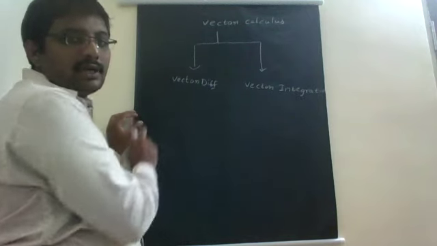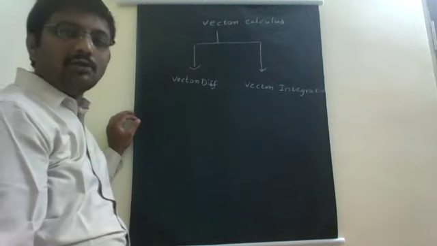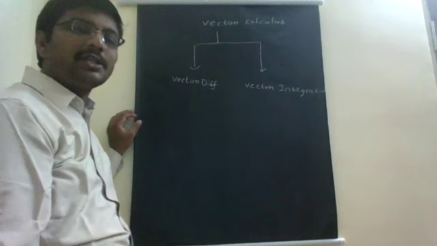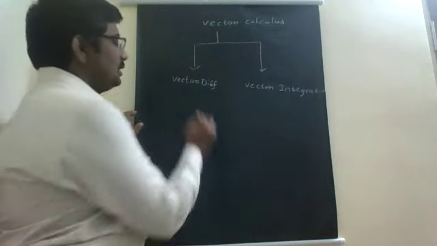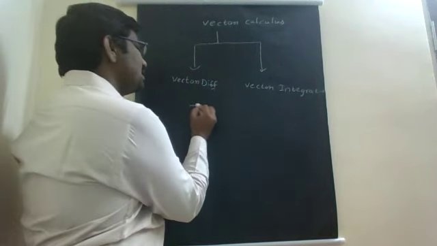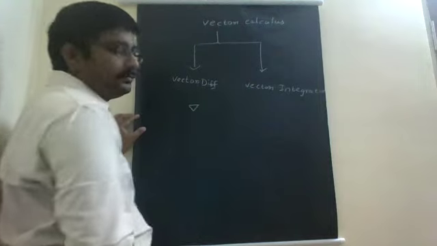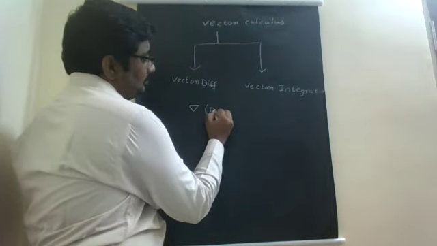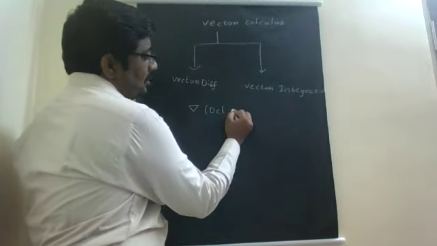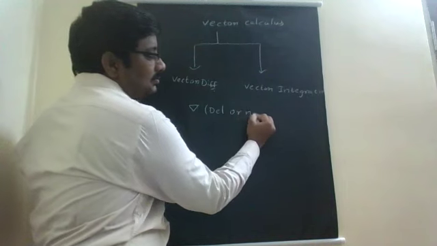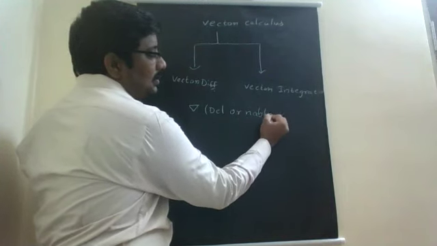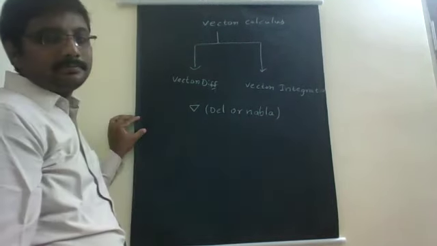To define vector differentiation, we have to know about the vector differential operator. The vector differential operator is del. It is also known as nabla.